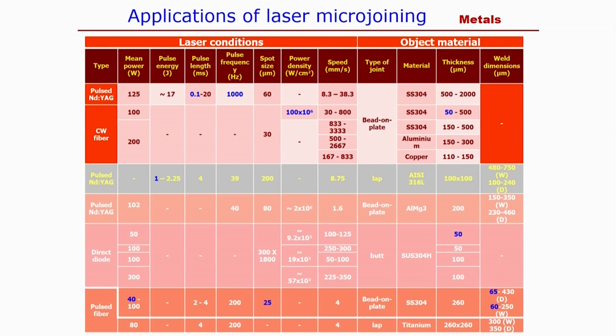And for the weld dimension, W means width and D means depth. Here, width and depth are around 65 micrometer to 300, 200 and 150, so at that level the weld dimension can be produced. This is a typical observation from the literature: for metallic materials, 3 or 4 types of laser can be used for micro welding applications on different types of materials.